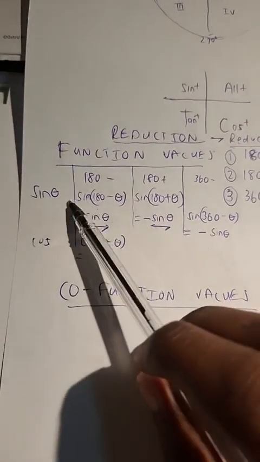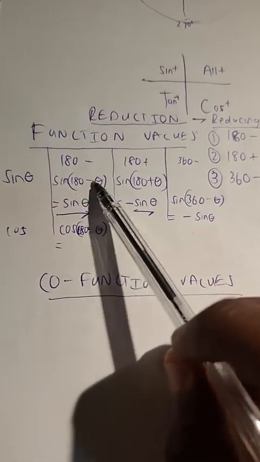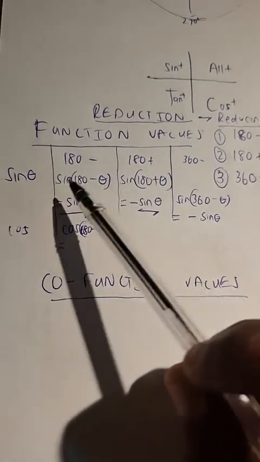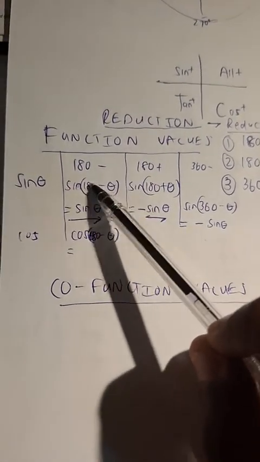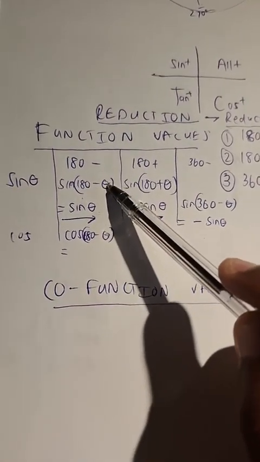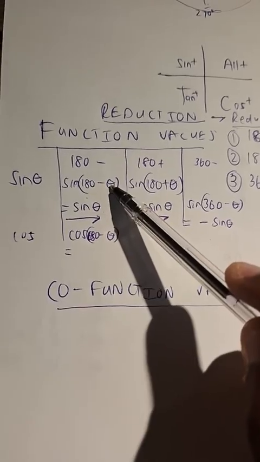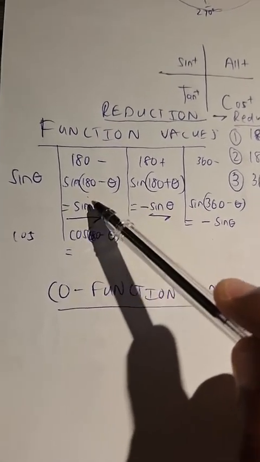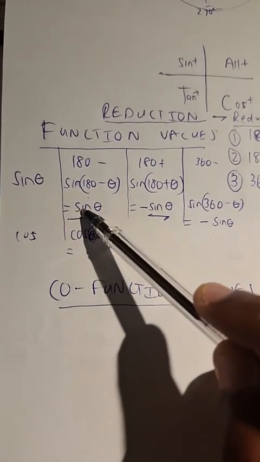So we looked at function values, and I told you yesterday that, in order to determine the sign for each trig ratio when you are reducing a function value, you can simply utilize your calculator, and that is you can substitute in the place of theta like 1. And when you do that, your calculator will give you the sign of the trig ratio.